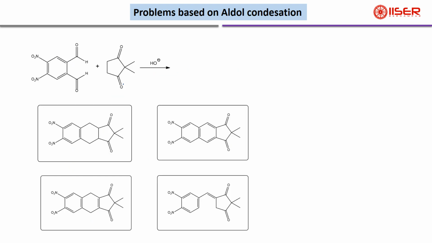What will be the correct answer for this reaction? So suppose this is A, B. What will be the product of this reaction? I will give 5 seconds. Just think.